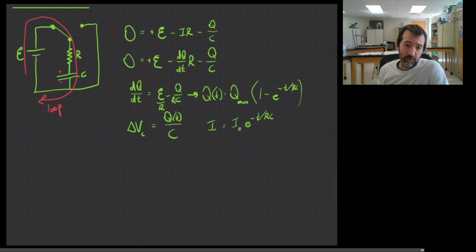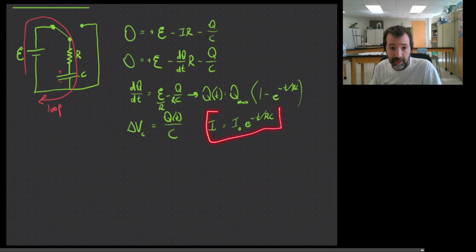So the current is going to be strong in the beginning. And as the capacitor fills up, it gets harder and harder. And so the current needs to die out over time. And that means that it's asymptoting towards zero. So the functional form for the current specifically is always this decay form.